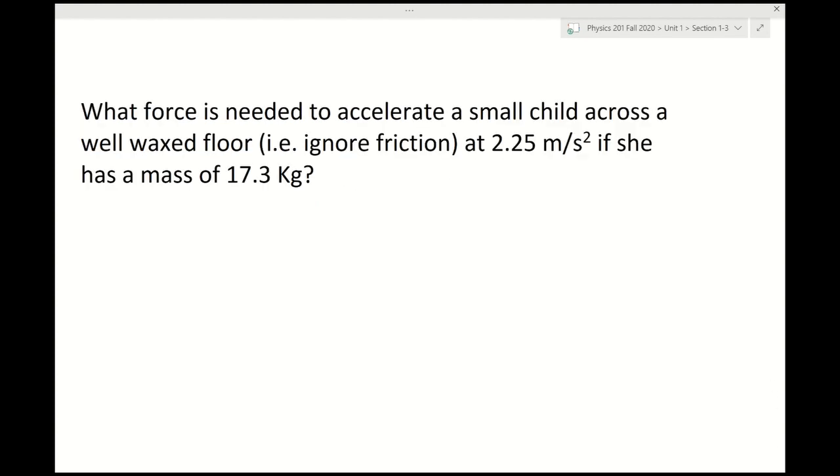What force is needed to accelerate a small child across a well-waxed floor, if we ignore friction, at 2.25 meters per second squared if she has a mass of 17.3 kilograms? So in other words, basically what we have is we have a small child sliding on a waxed floor. F equals ma. Mass 17.3. Acceleration 2.25.